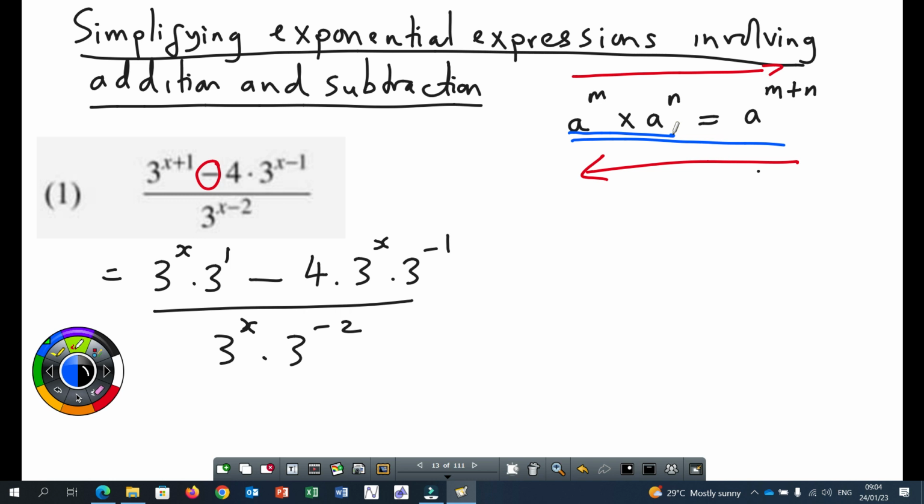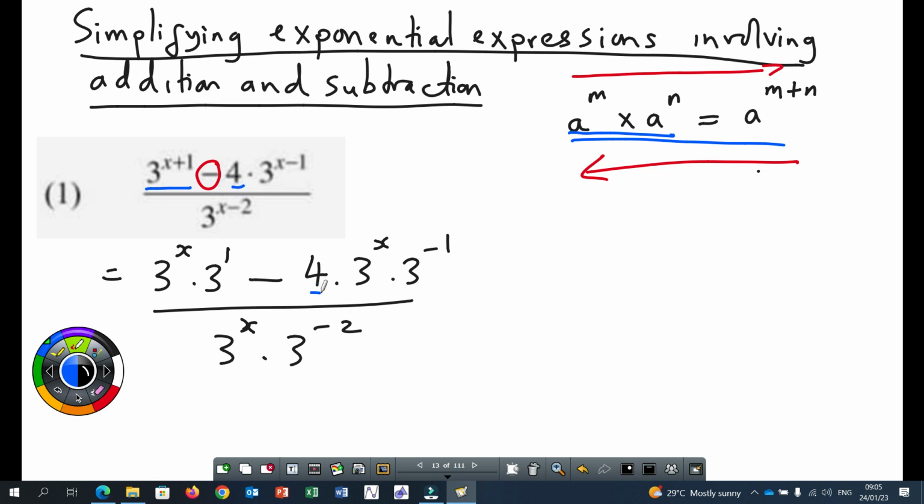You understand that? Right. So 3 to the power of x plus 1, based on the fact that we are moving from the right-hand side of the first law towards the left-hand side, will become 3 to the power of x times 3 to the power of 1. Then 4 times 3 to the power of x minus 1, the 4 remains as is.